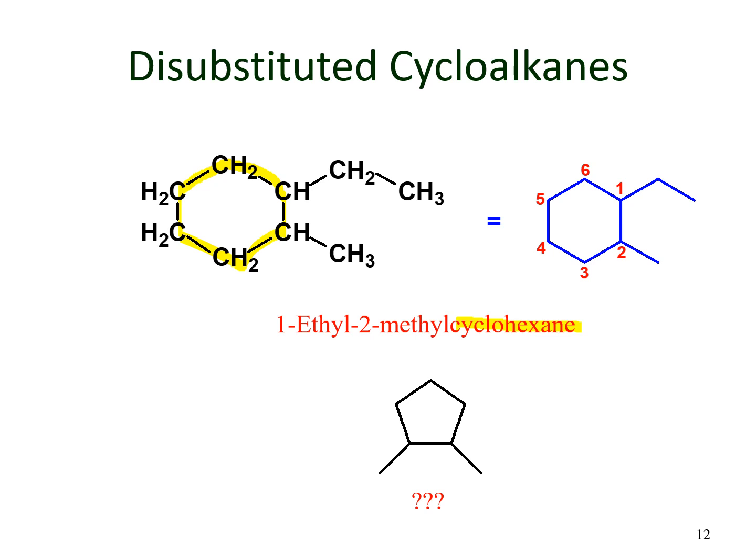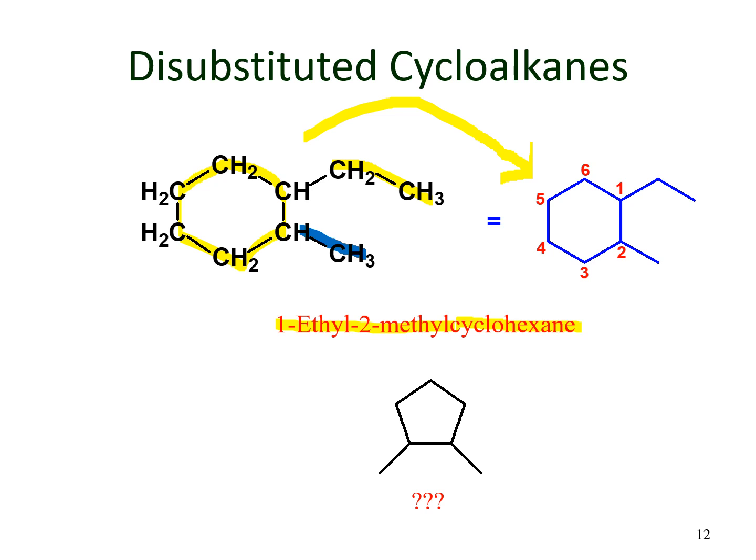Second thing is we have to check the branches, and the branches have to be named alphabetically. So this will be the first branch, the ethyl group, and the second one, the methyl group. So the name turns out to be 1-ethyl-2-methylcyclohexane, and the same structure can be written in this form as well, which is the linear structure.